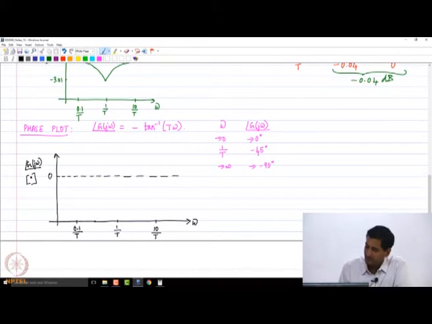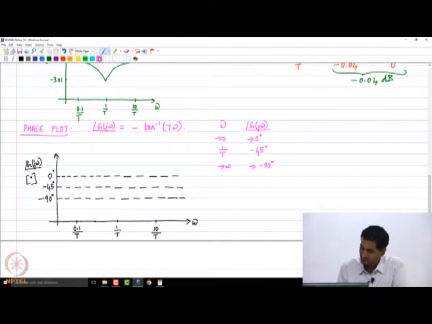Essentially we are going to have 0 degrees, and let us say this is my minus 90 degree line, and let us say in between I have minus 45. All of us know how the tan inverse plot looks. I just need to make sure that I pass through 1 by T and minus 45, right?